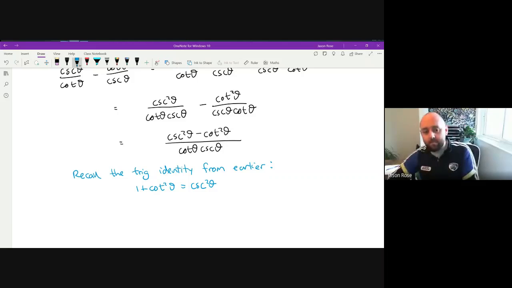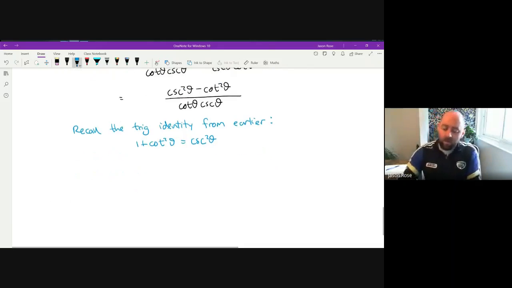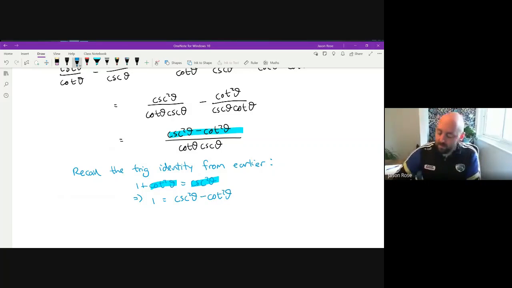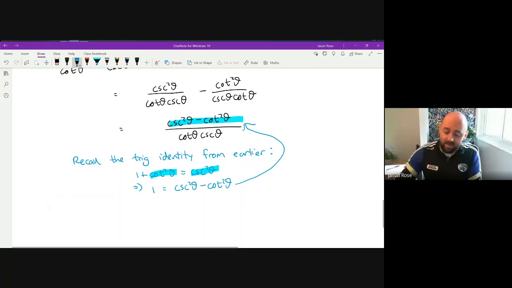How is that helpful? Well, I could rearrange this. What I'm noticing is what we have on top here looks a little bit like that and that. So I'm going to rearrange that trig identity and bring the cotan across. And that looks a lot like that. So I can actually replace that top line with 1.